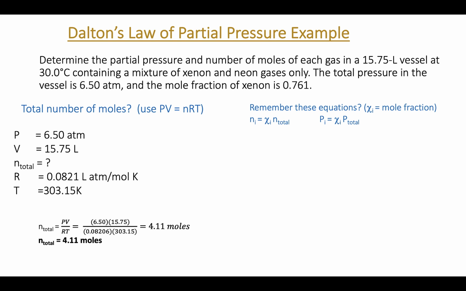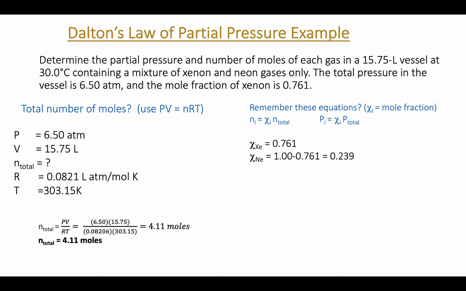Okay, so what do we do next? Well, let's keep in mind that we know the mole fraction of the xenon. It's 0.761, in other words, 76.1%. And key here is that we may need to know the mole fraction of the other. If we know it's a binary mixture, meaning it only has 2 parts, what is the mole fraction of the other component? That is going to be 1 minus this.